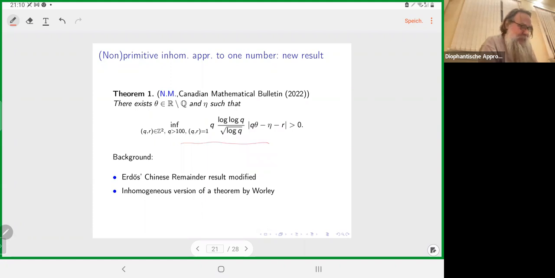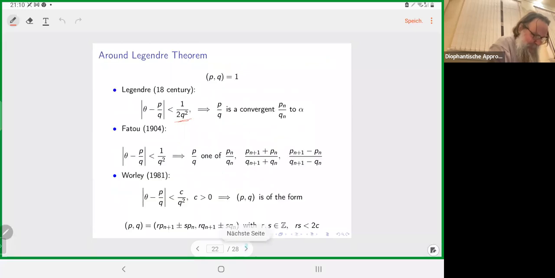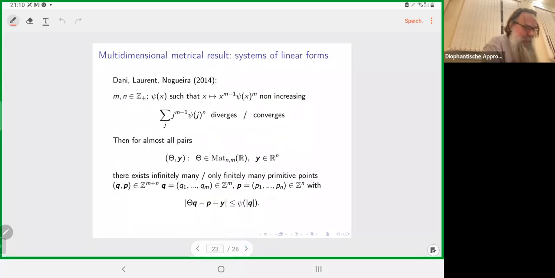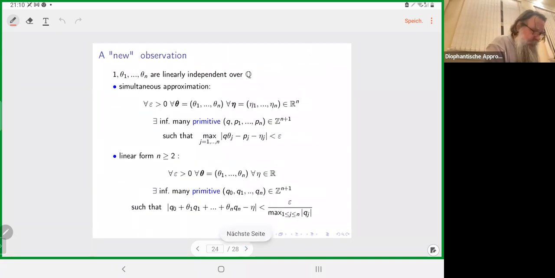So I have just 5 minutes left, so I don't have time to speak about what it means. I want to say that this inhomogeneous setting was some years ago quite popular, and there are some metric results, so I just mention that they do exist.